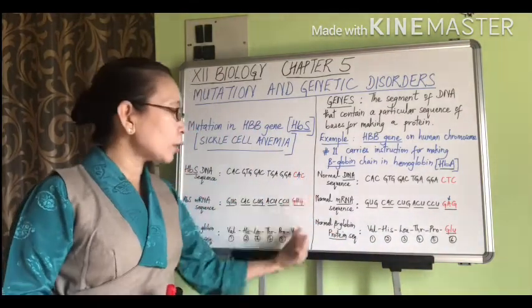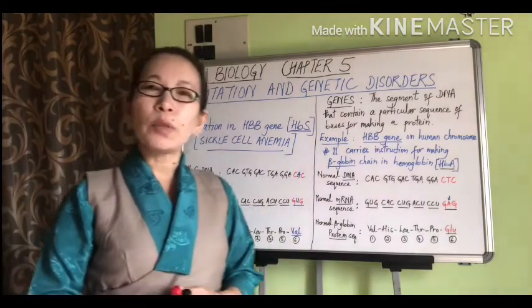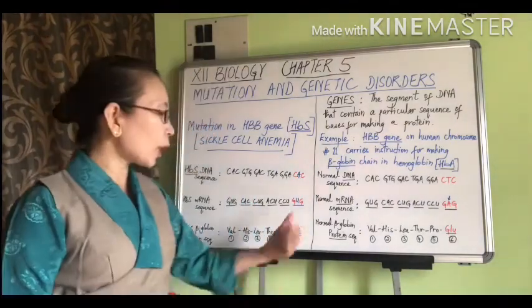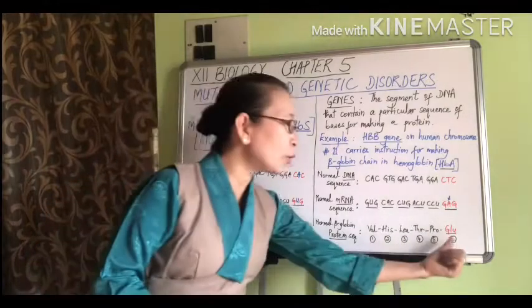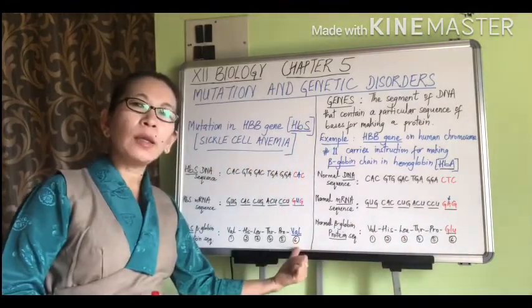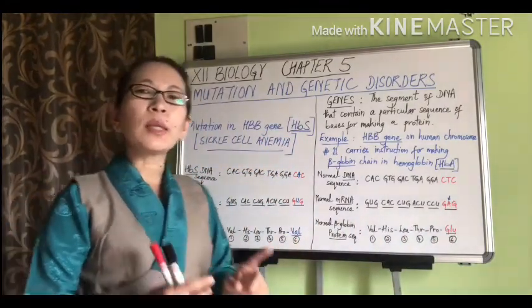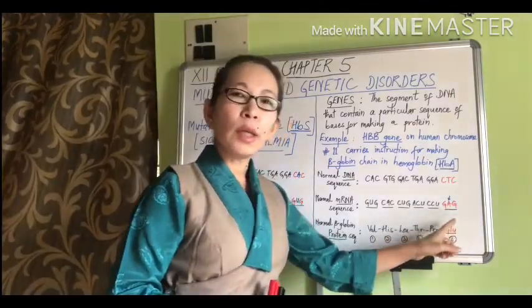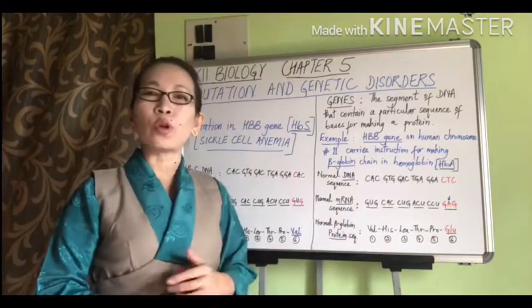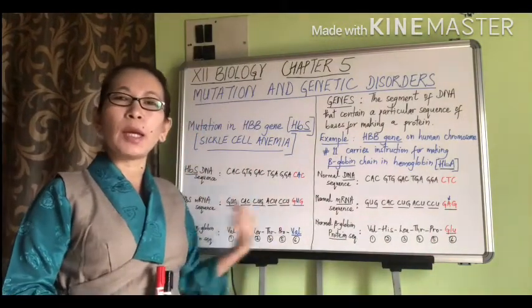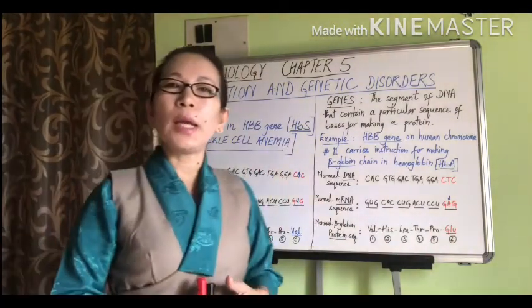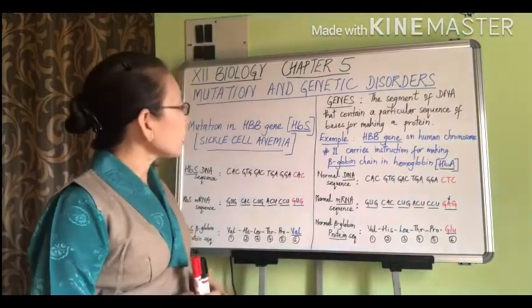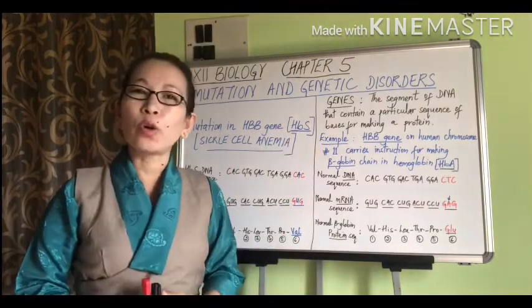And this mutation has resulted in the substitution of glutamic acid by valine because of a single base substitution in the GAG codon into the GUG codon in the HBS mRNA. It has resulted in a complete change in the structure of hemoglobin.